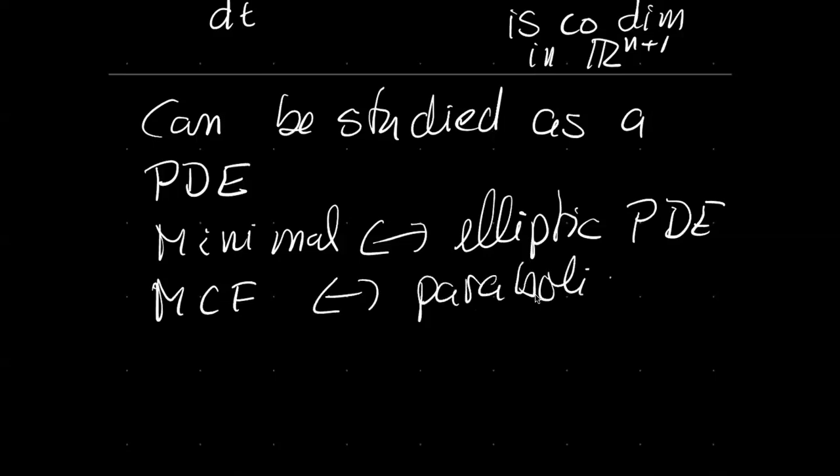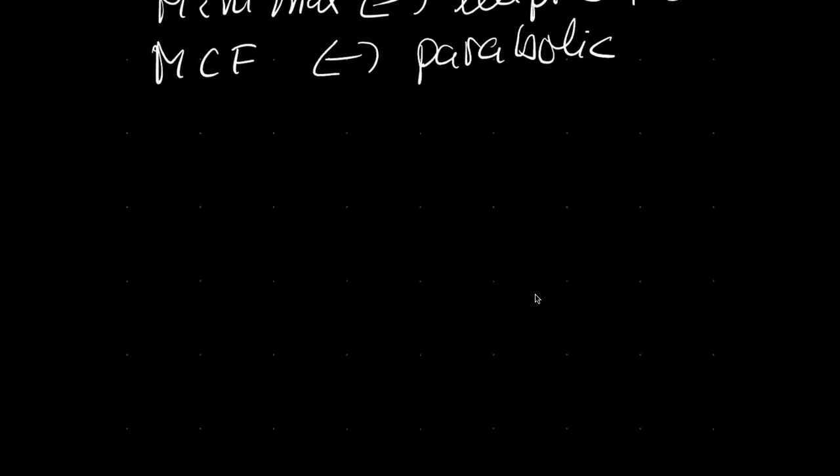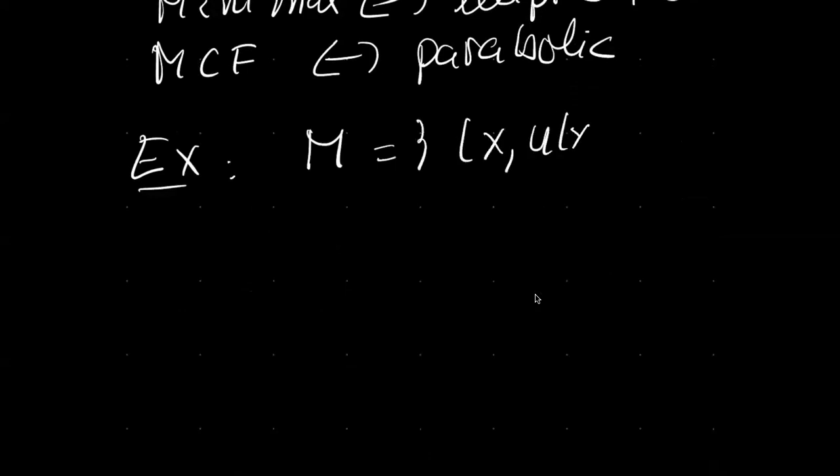It's degenerate. Let me show you one example so we can be on the same page about how this is degenerate. For example, suppose M is described as a graph, if you can describe it in this way. This is M at time t, and x is in some domain Ω. In general you're going to need this Ω to be either R^n, or you have to put a boundary condition or something. But for now, let's not worry about that.